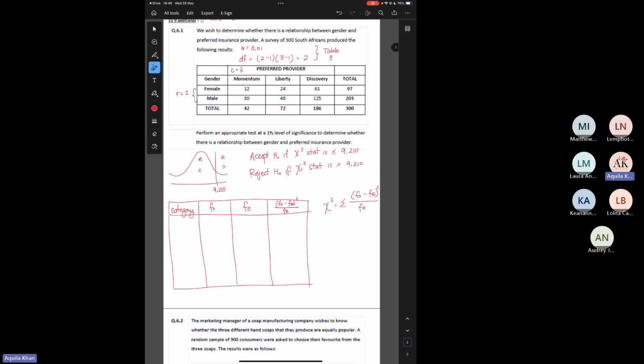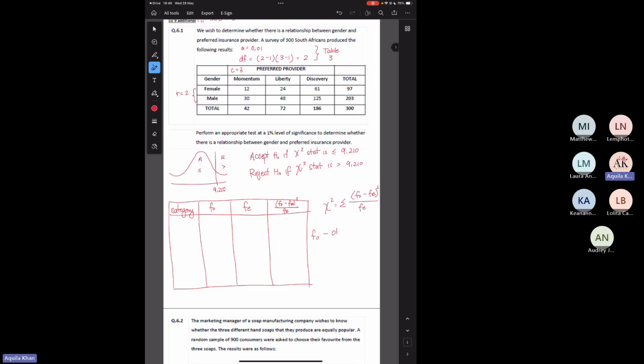You will see that it says it's the sum of, and then here you have a fraction that says FO minus FE, and it's squared, and then you have FE alone at the bottom. Now, what is FO and what is FE? When it comes to your chi-squared distributions, you always have an observed frequency, which is FO.